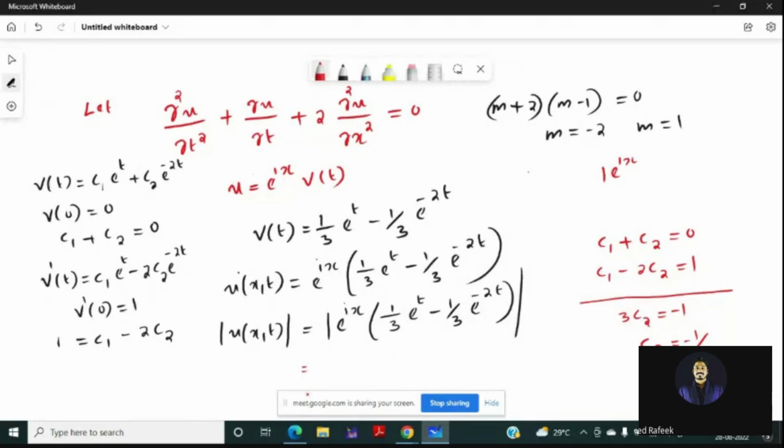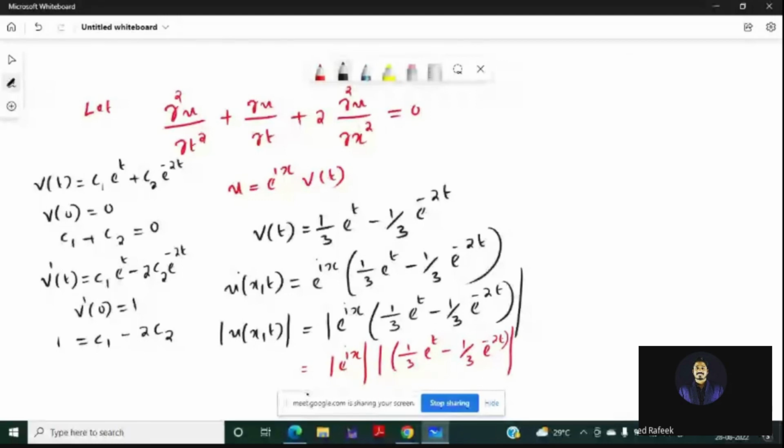From this, it is equal to 1 only, which means this is equal to e raised to t by 3 minus 1 by 3 e raised to 2t.